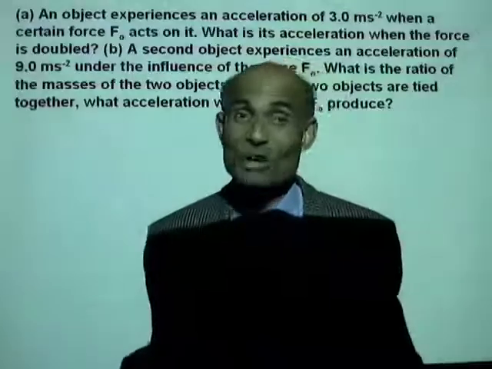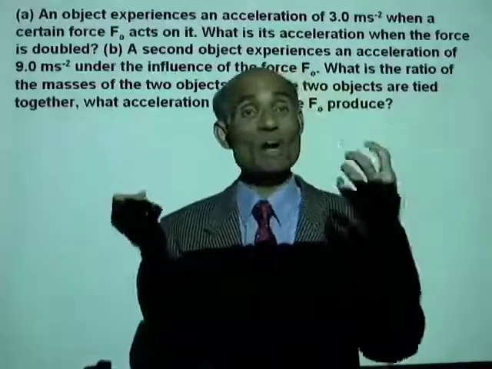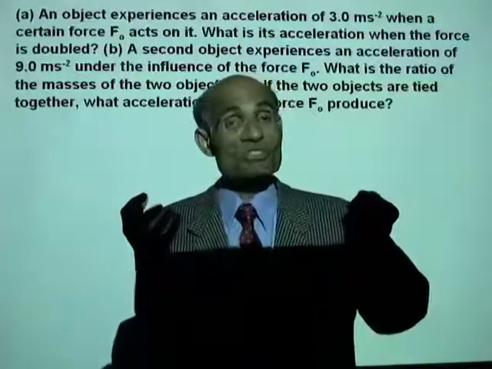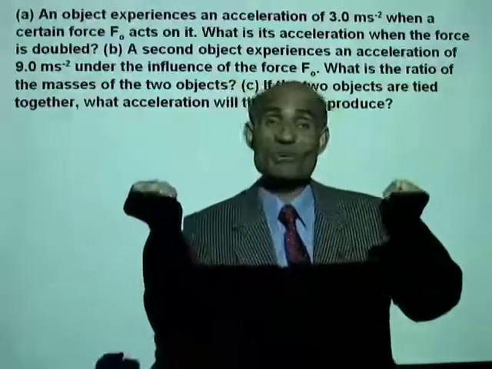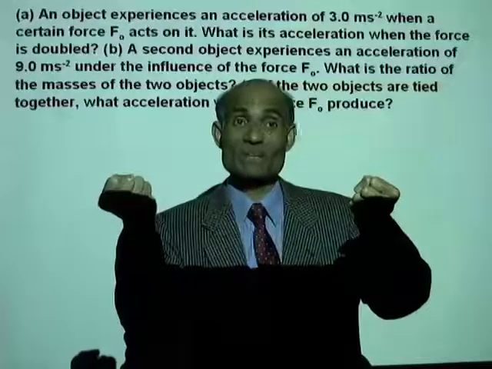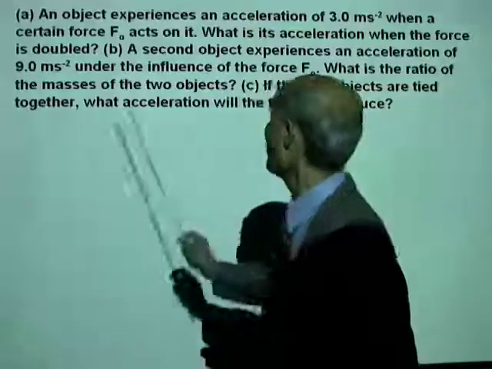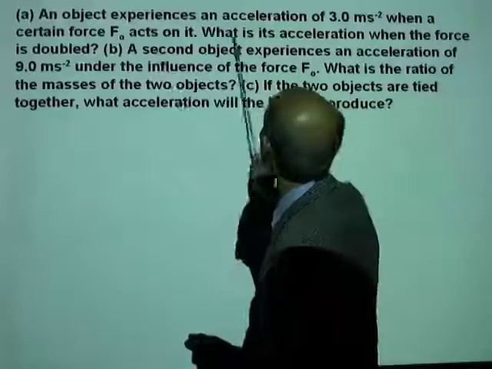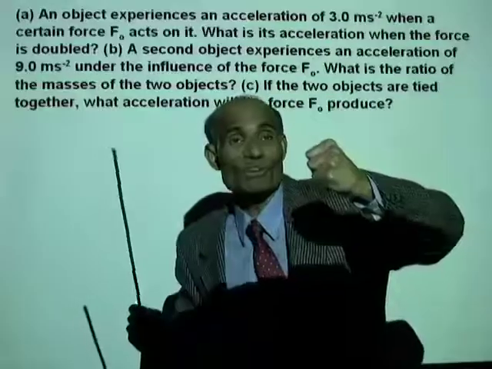Well, if you know the second law, you can say that directly, because the force that produces the acceleration is directly proportional to the acceleration. Is that right? So when the force is doubled, what is the acceleration?